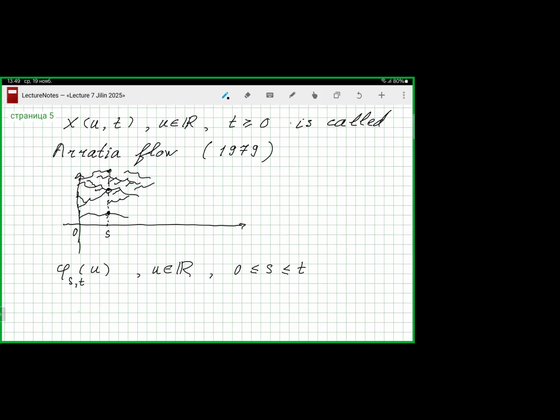For example, they are independent for non-intersecting time intervals, equidistributed as random mappings, and so on. This family is called the Arratia web.